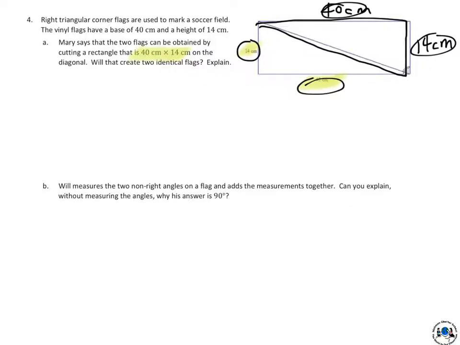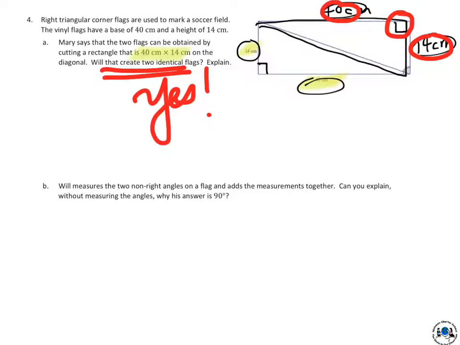And being a rectangle, we know these are all 90-degree angles. Therefore, we have two sides and an included angle. That 90-degree angle is included. Therefore, we do indeed have two identical flags. Yes, we do, and again, I've just explained why.